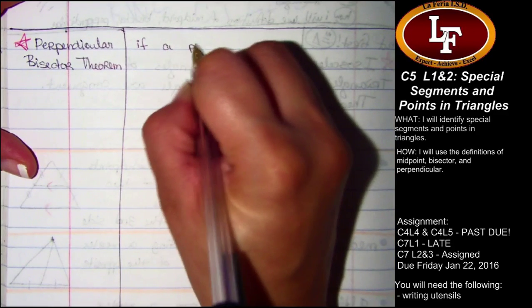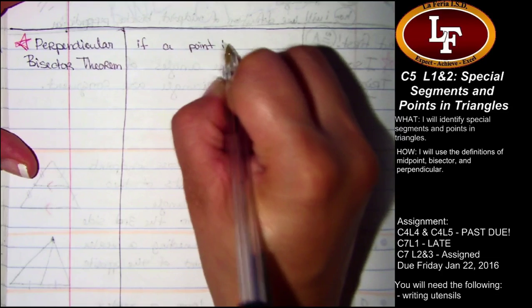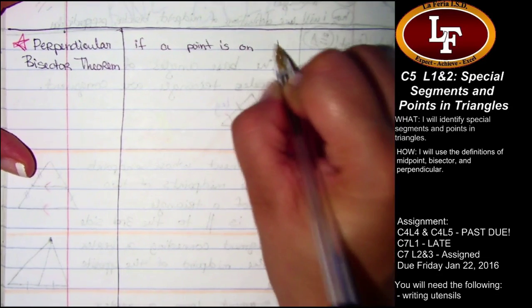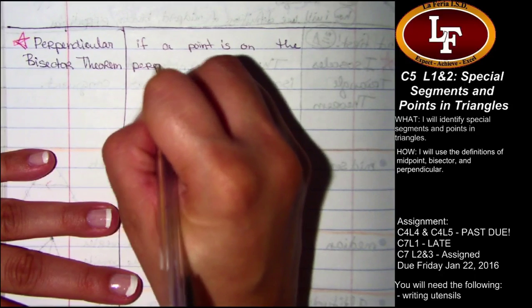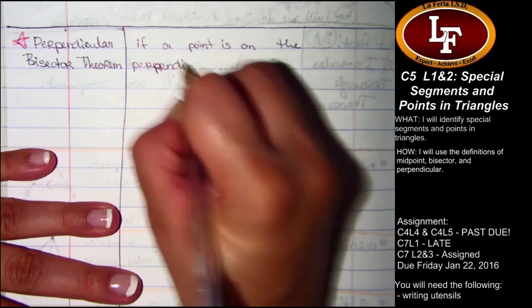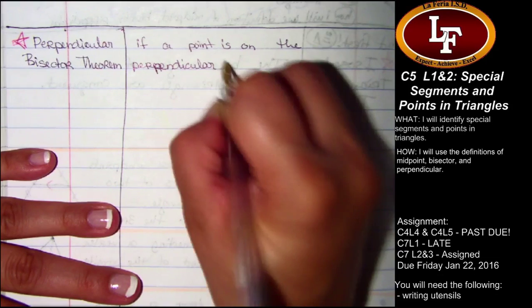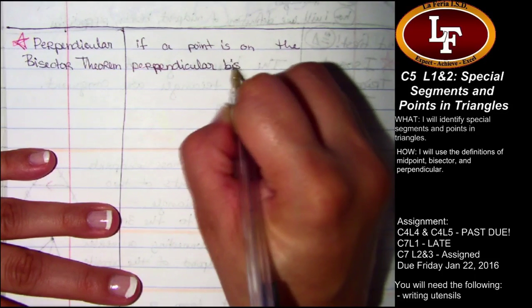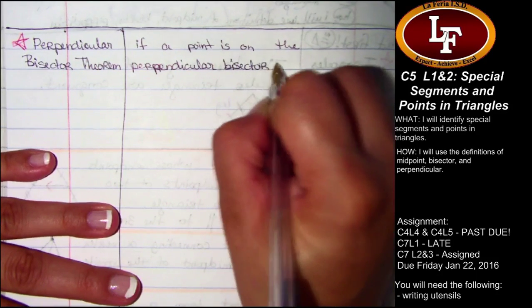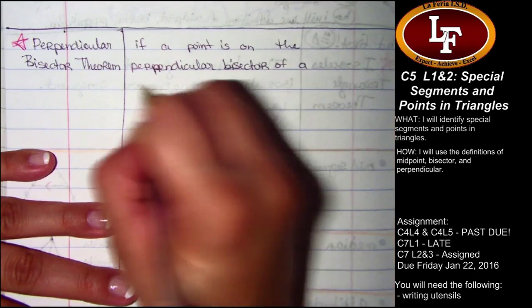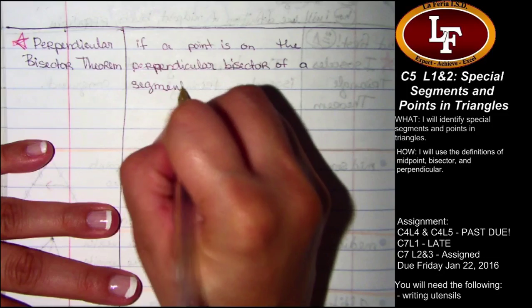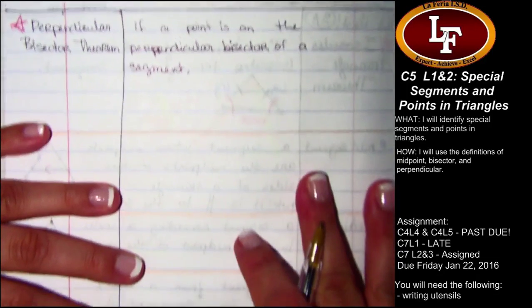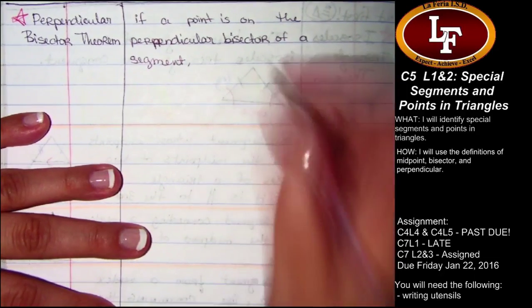If a point is on the perpendicular bisector of a segment. Notice how we don't have a triangle yet, we just have a segment and its perpendicular bisector.